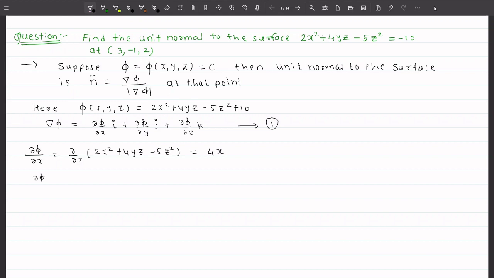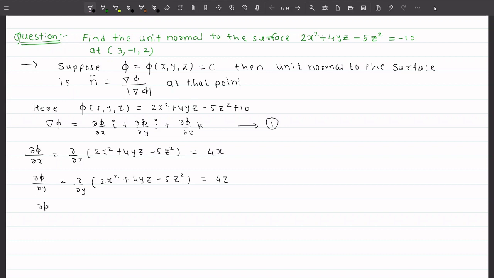Now ∂φ/∂y: 2x² is independent of y, so 0. 4yz gives 4z, and z² is independent of y, so 0. So the derivative is only 4z.